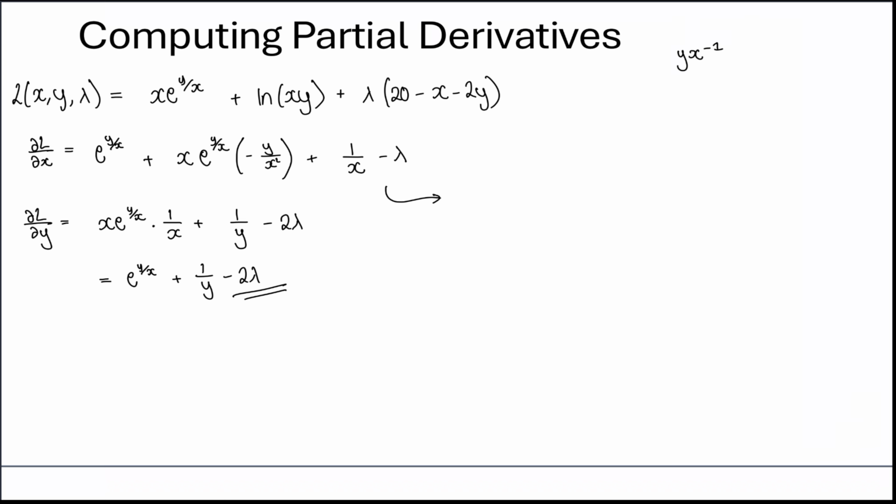And if we just factorize out e to the power of y over x, we get 1 minus y over x plus 1 over x minus lambda.